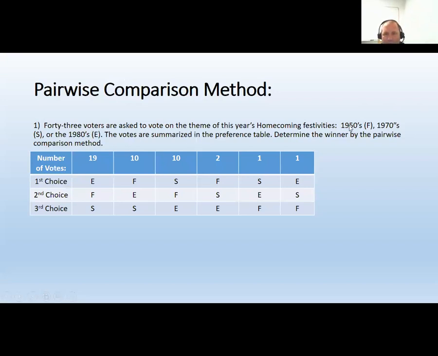The 1950s is F, the 1970s is S, or the 1980s is E. The votes are summarized in the preference table, and we're going to determine the winner by the pairwise comparison method. Let me give you about 2 minutes on this problem to try it on your own, and then we'll go over it together.